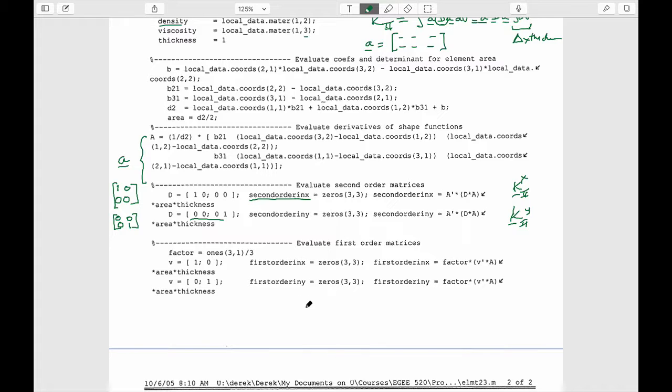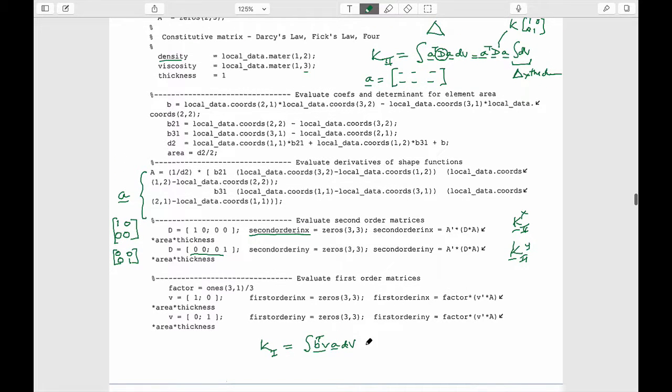You'll remember that the K1 matrix was something like the integral of B transposed VA dV, which, because of the same arguments as this, for a triangular element we could write as B transposed VA times the area of the element times the thickness.